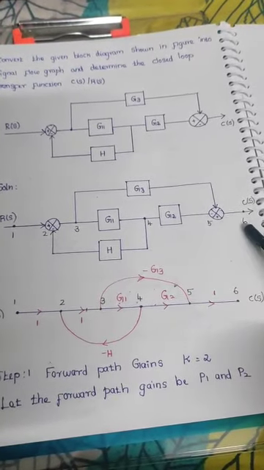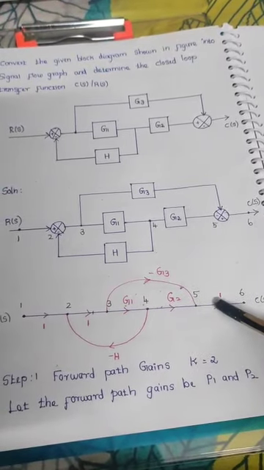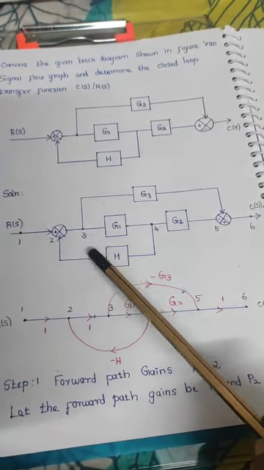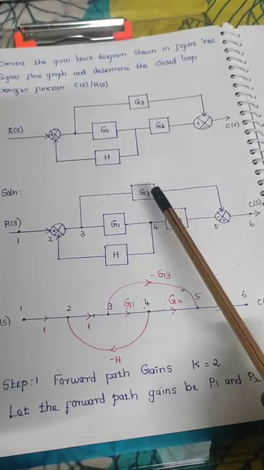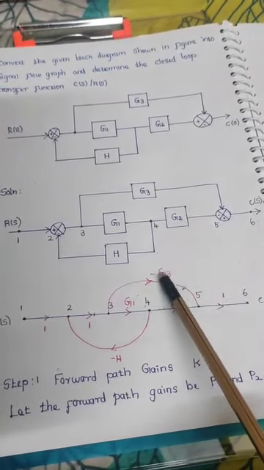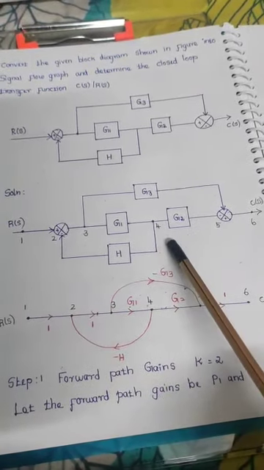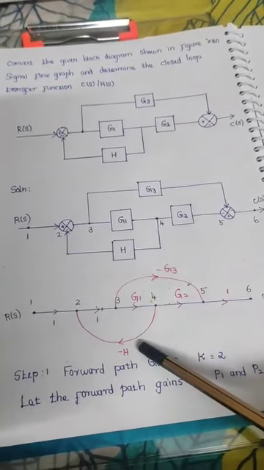Between 5 and 6, here also there is no value, so instead of that, we will write 1. From between 3 and 5, the value is G3, but it reaches with a negative sign, so we will write the value as minus G3. Between 2 and 4, the value is H with a negative sign, so minus H.